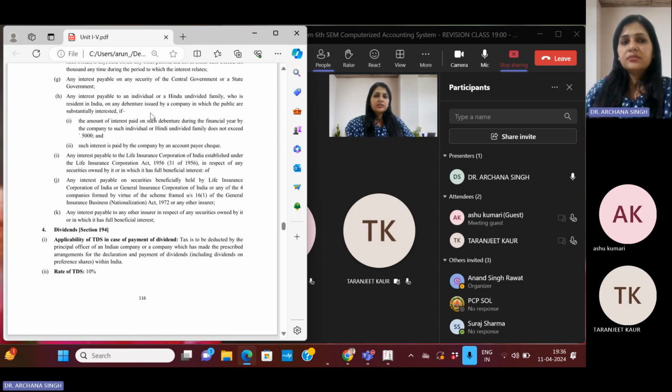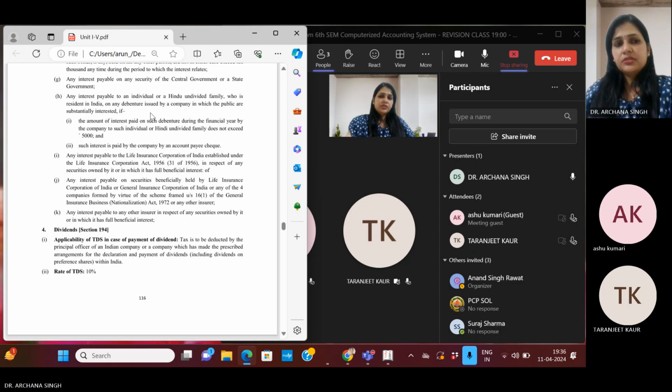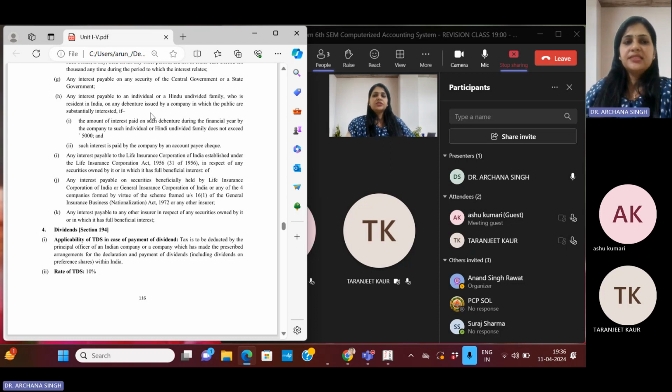Okay, so the interest paid on that debenture during that financial year should not exceed 5,000 rupees, and such interest is paid by the company by an account payee cheque.